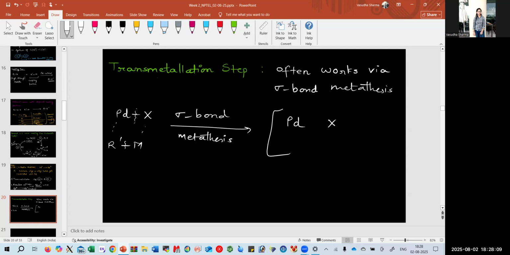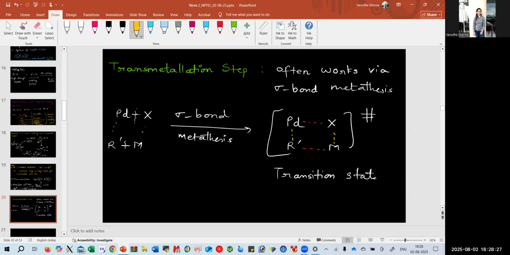So we will draw the bonds with different colors, and this is your transition state. Bond breaking I'm marking with the red bond, and the new bonds being formed are in yellow. So yellow is bond making, and the red one is bond breaking.